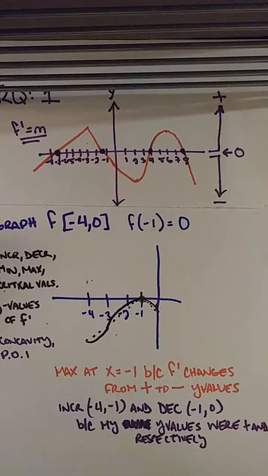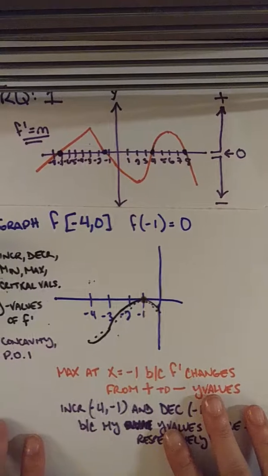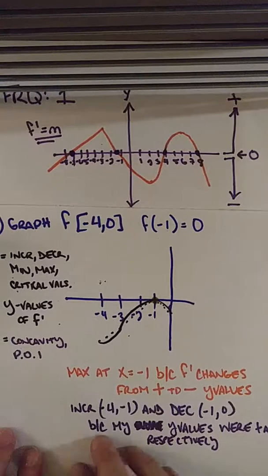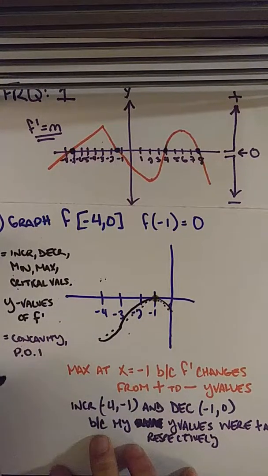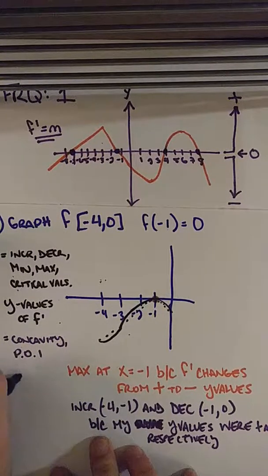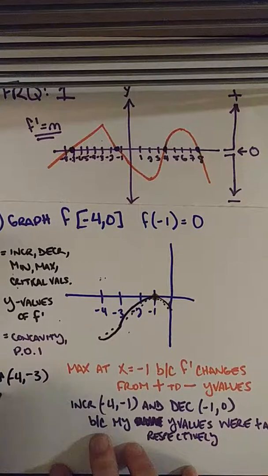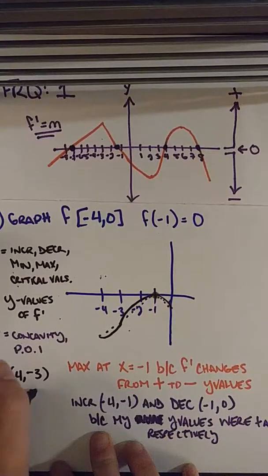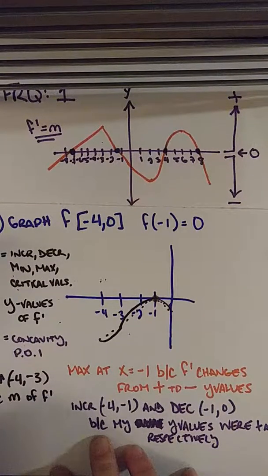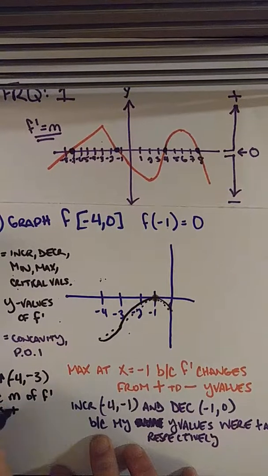Now, that wasn't all I talked about when I graphed this. There was another thing I looked at, and that was my concavity. So right over here on the side, I'm just going to go ahead and justify my concavity. I knew that I was concave up from -4 to -3 because the slope of f prime is positive.